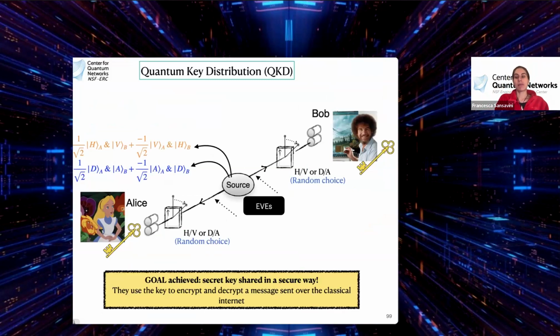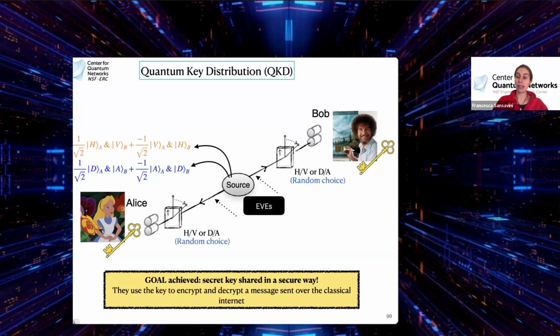Okay, so the goal, if everything works out, has been achieved. They have managed to share a key in a secure way. And again, they use, in this case, entanglement. They are using quantum physics, an entangled state, to be able to do this key distribution.